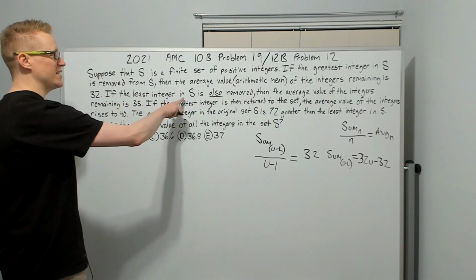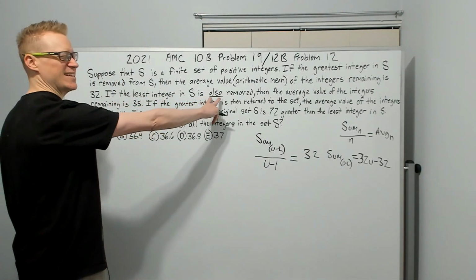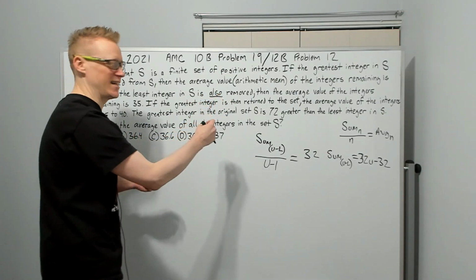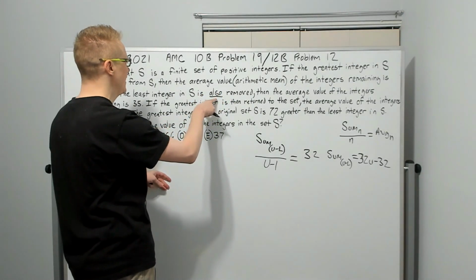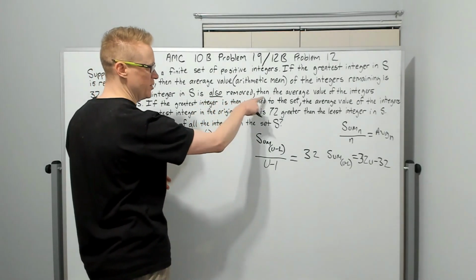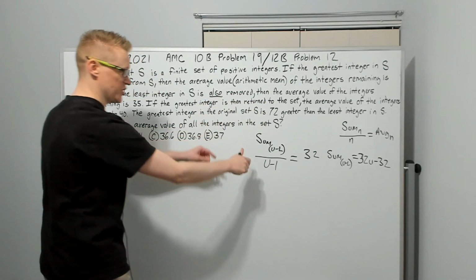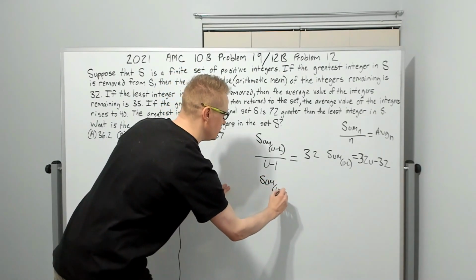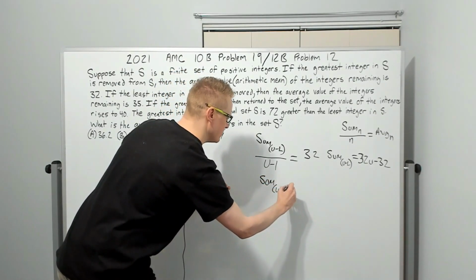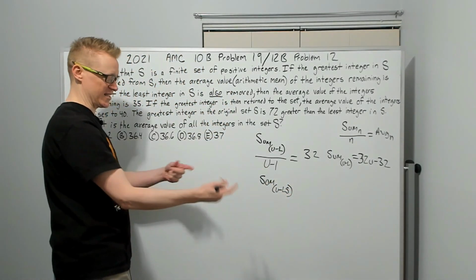Okay, then we have to keep reading. If the least integer in the set S, it has it in italics. I can't write in italics, so I just underlined to indicate they drew extra attention to it. If the least integer in S is also removed, in addition to the L, I'm going to call this the sum of U minus LS. L meaning the largest and the S meaning the smallest.